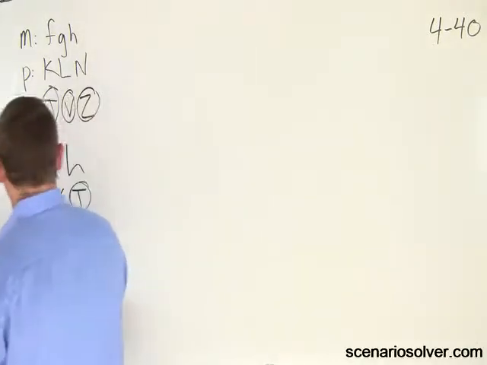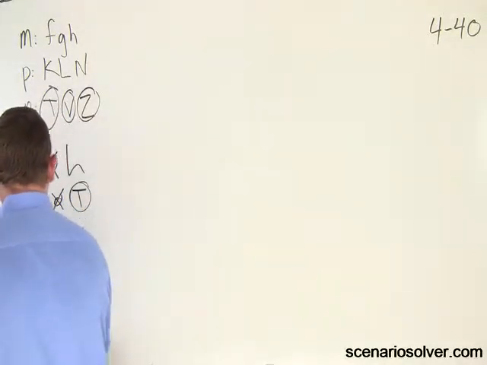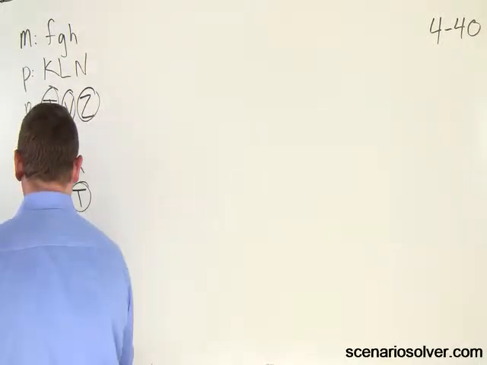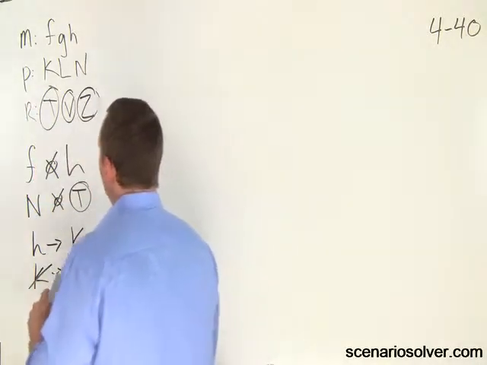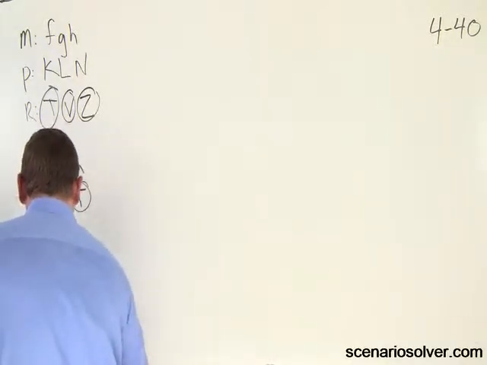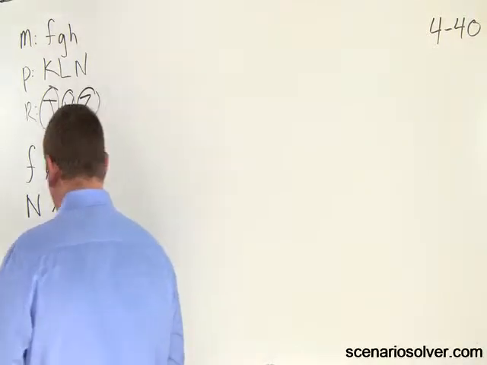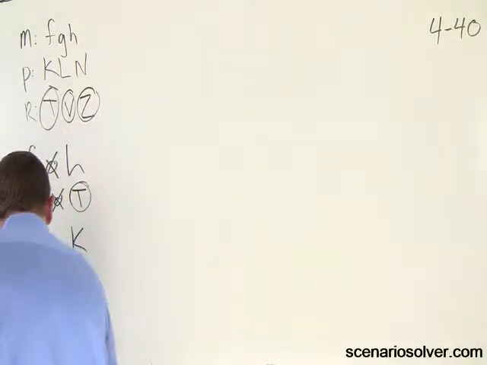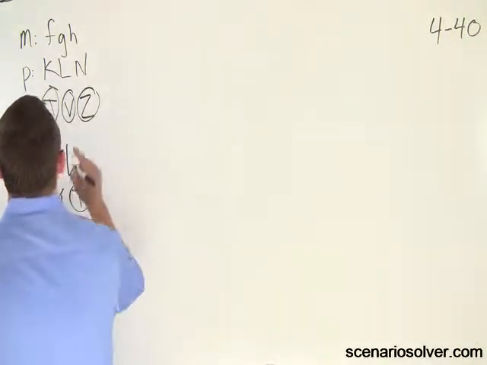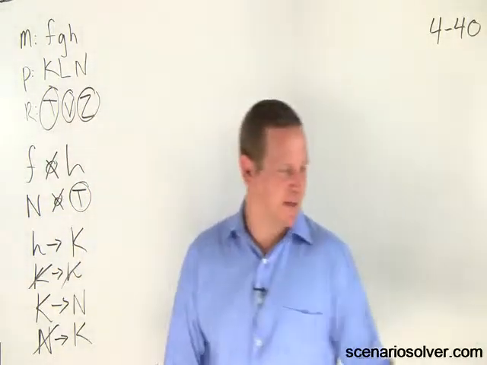If H is selected, then K is selected, and if K is not selected, then H is not selected. And if K is selected, then N is selected. And if N is not selected, then K is not selected. Okay, so that's what we got to work with.